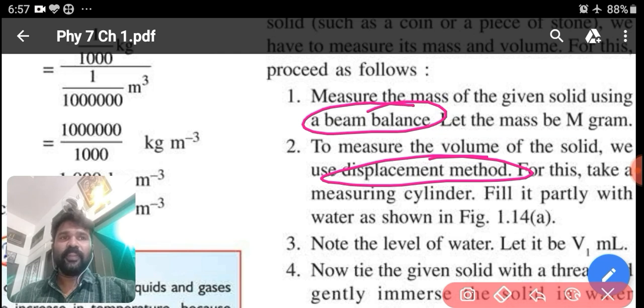First of all, note the level of the water. Let it be V1 ml. That should be written as V1 ml.